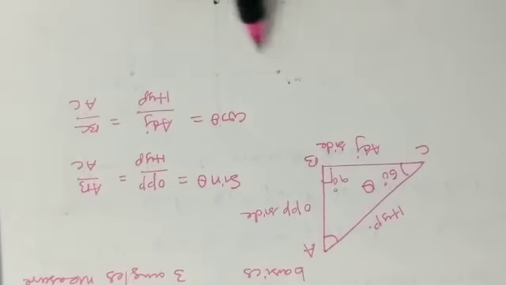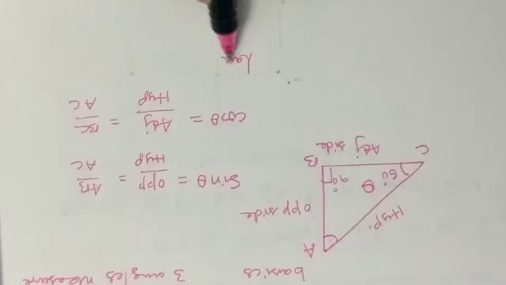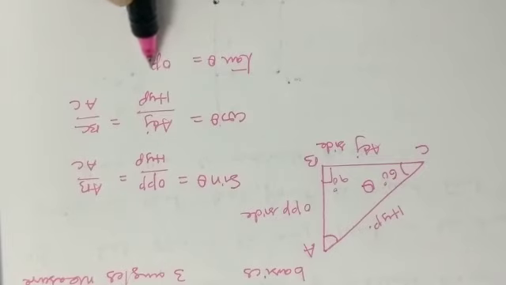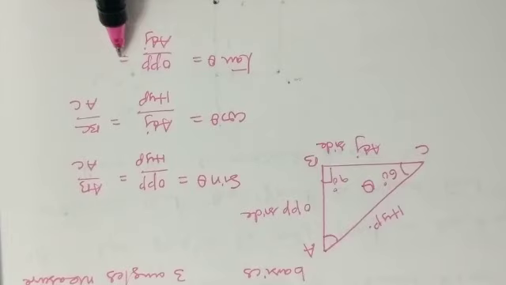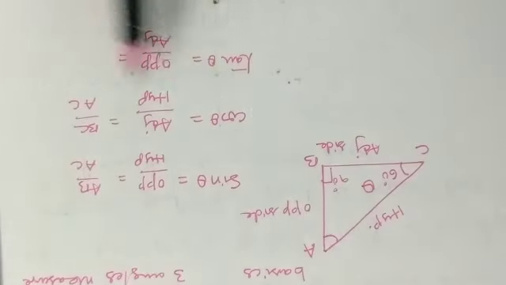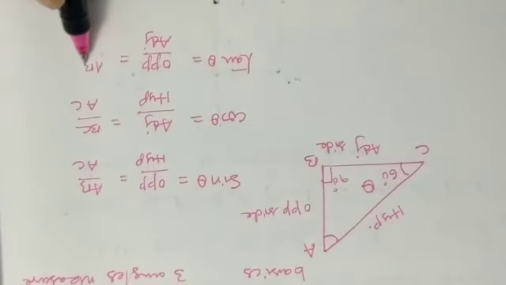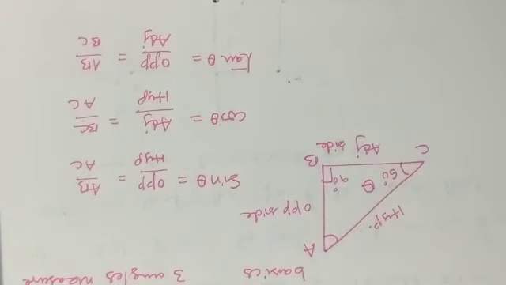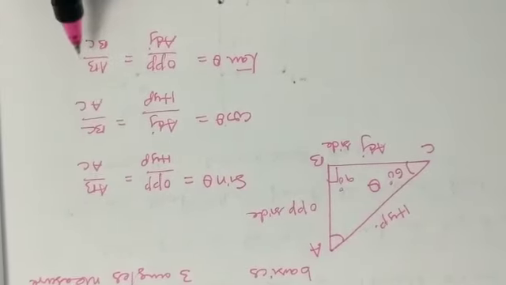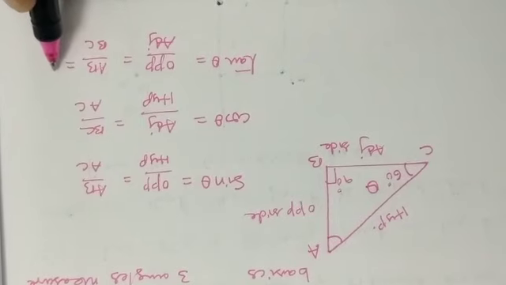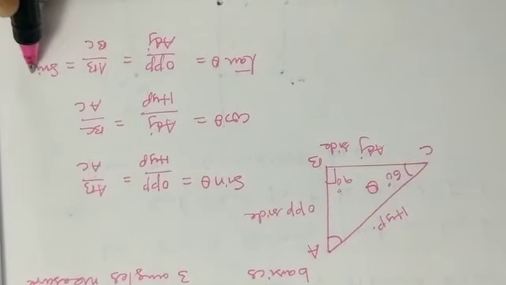Now tan theta is opposite by adjacent. What is opposite? AB, by adjacent BC, which is also equal to sin theta by cos theta.